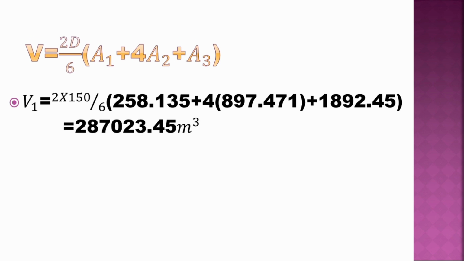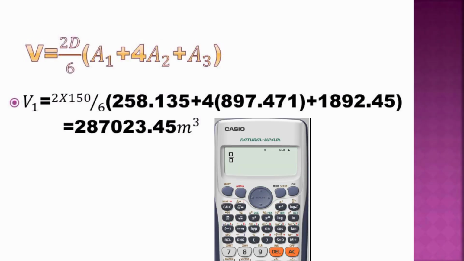First of all, let's do V1, that is 2D, 2 times D, that is the difference in the dimensions or the intervals, that is 150 over 6 into brackets our first area that we had calculated before, then plus 4 the second area that we are calculating, then our last, that is area 3.